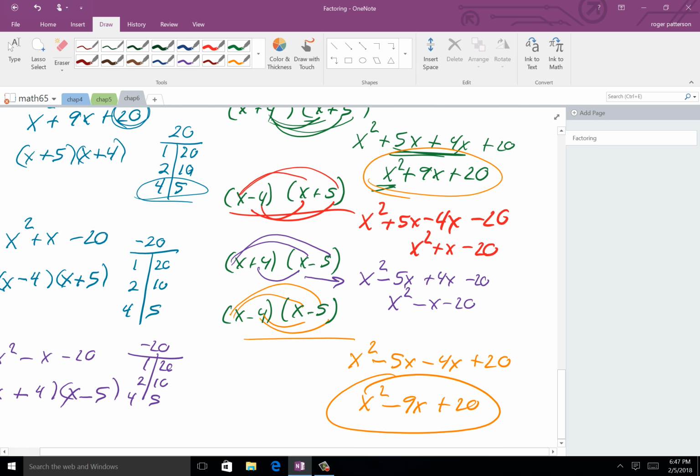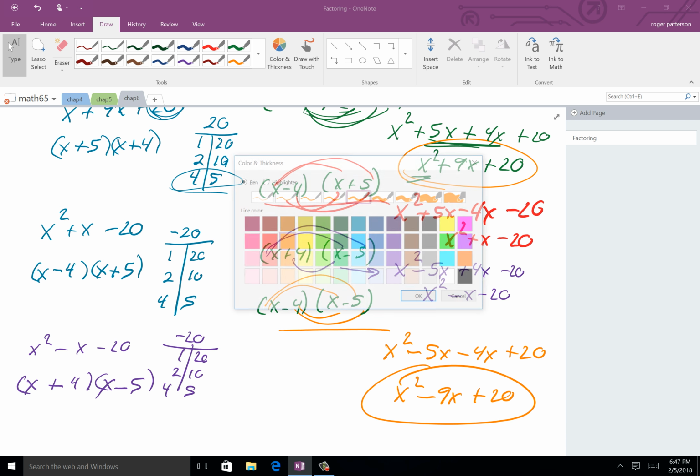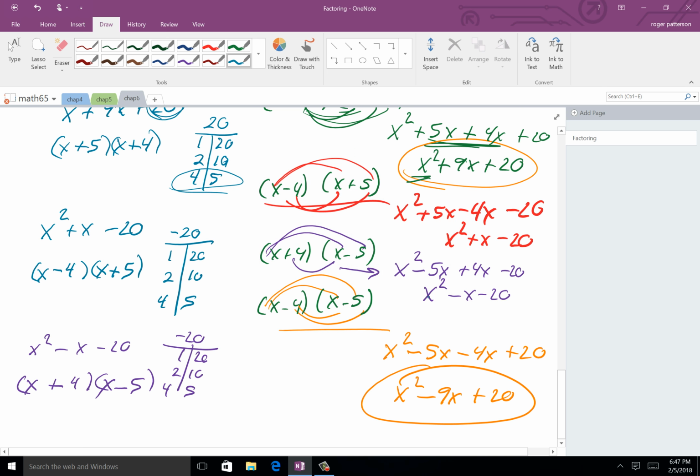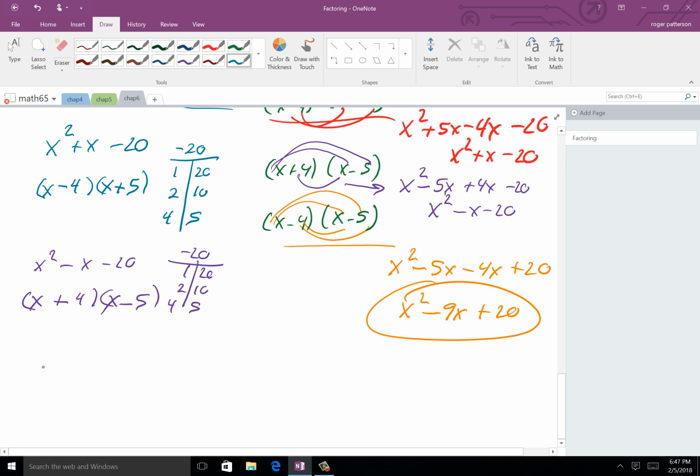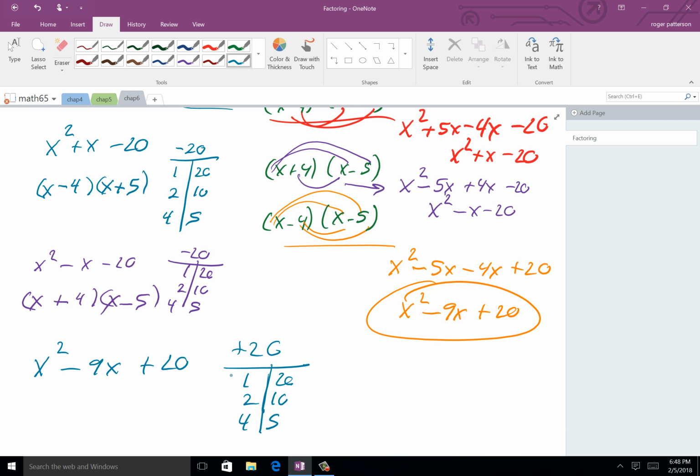So when we factor that one, x squared minus 9x plus 20, here's my 20, here's my plus: 1 and 20, 2 and 10, 4 and 5. I still want them to add to 9, but it's going to be a little bit different than the first one.